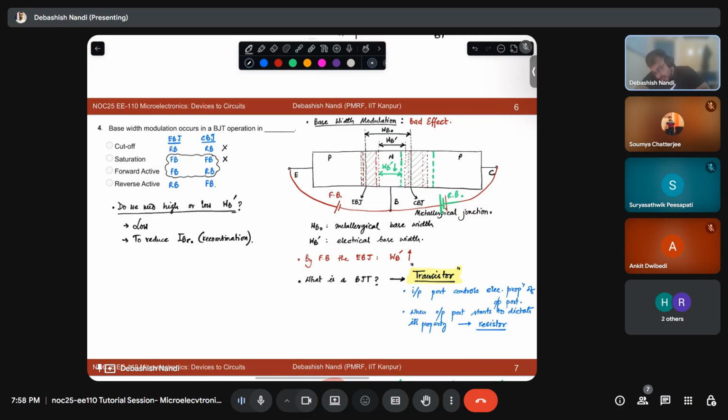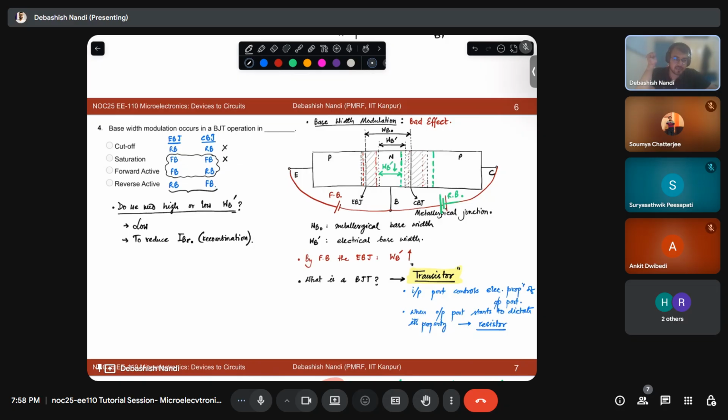But what about reverse active? Theoretically speaking, reverse active mode can in a similar fashion have base width modulation.